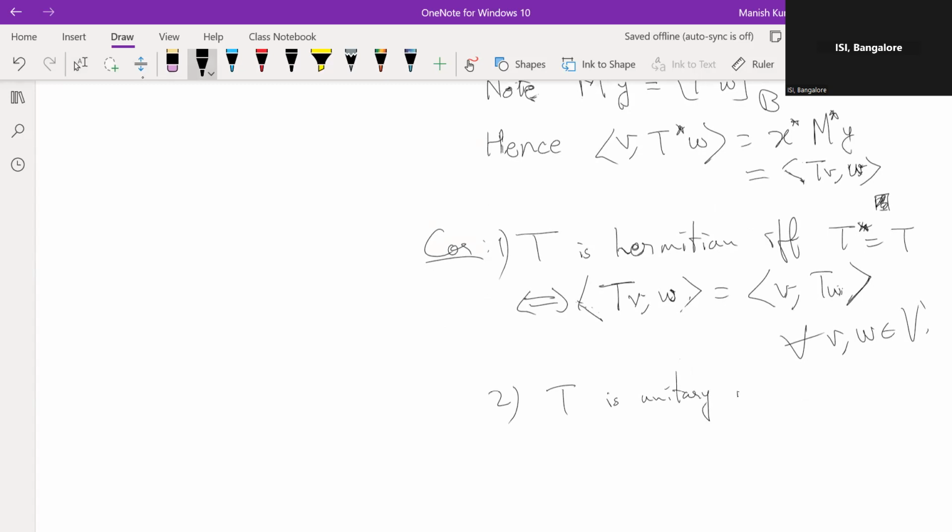What should it mean in terms of matrices? If the linear operator with respect to some orthonormal basis is M, then unitary means that M times M star should be identity. So that tells you that T and T star are inverses of each other. Another way to say it is that T star T is the identity operator on V.